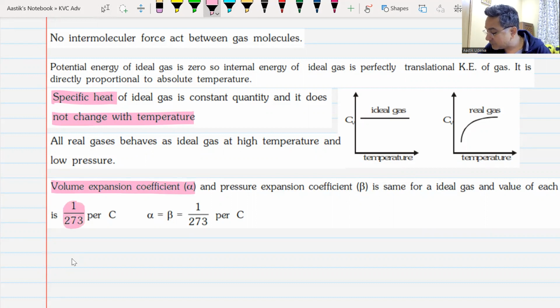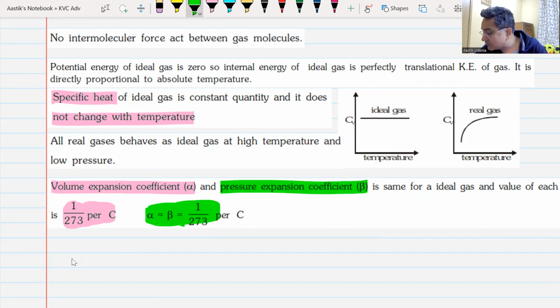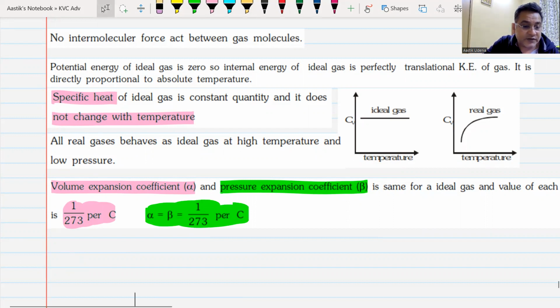The value of volume expansion coefficient is 1 by 273 per degree Celsius. The other one is known as pressure expansion coefficient when the volume is kept constant, and that is also the same. So remember, a gas has two types of expansion coefficients and both have the same value.